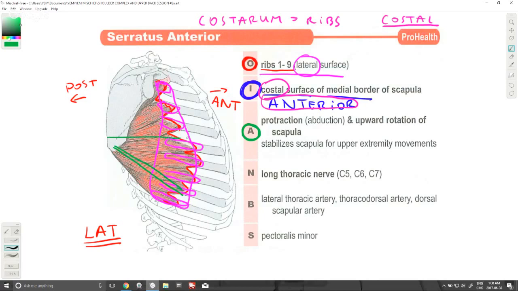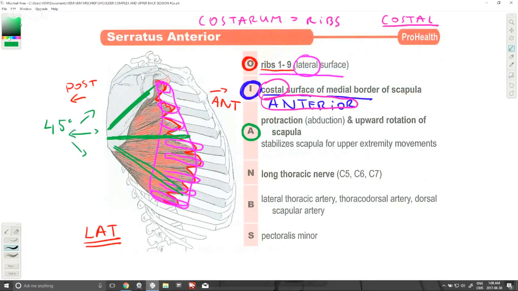Some of these fibers are running kind of transverse, parallel to the ground, and some of these fibers are going at a 45-degree angle up. Up, right, or down, or side to side.